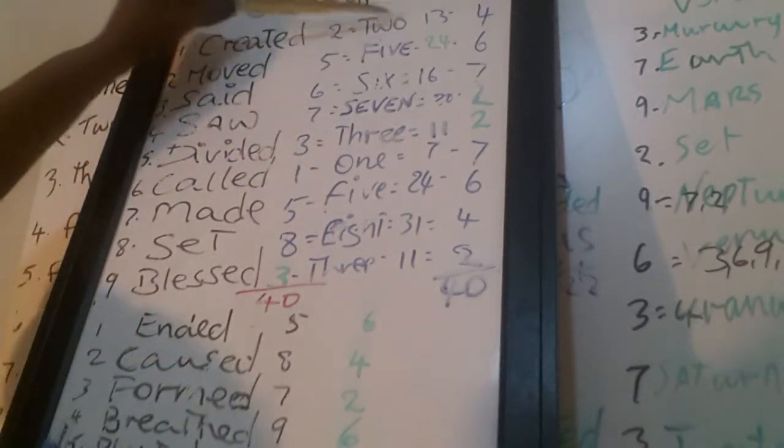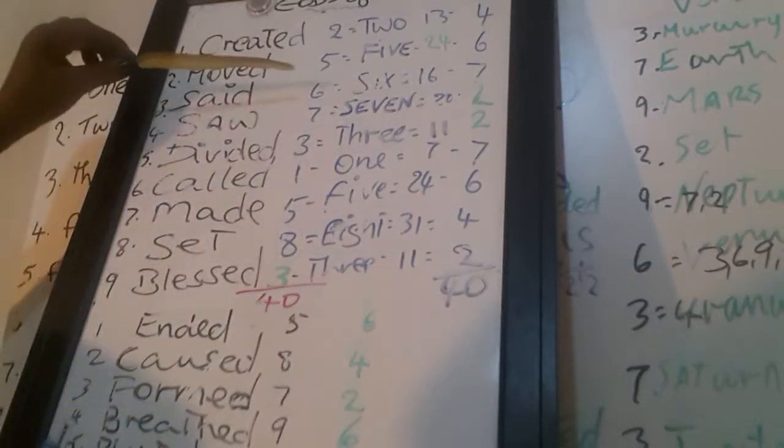So 1 encapsulates the whole of 7 right here, which is the 7-year cycle again that we are in. So there is a capsule. We are in this capsule here with the called God. And then we move on to the created God, then the divided God. Of course, the divided God is also with the blessed God, because they have partnered in numerical value.